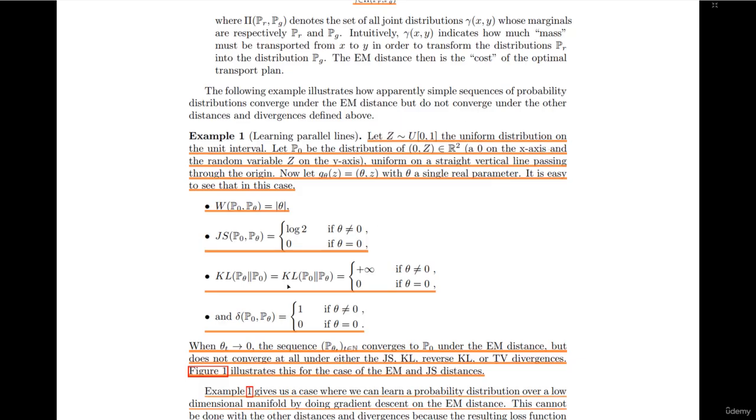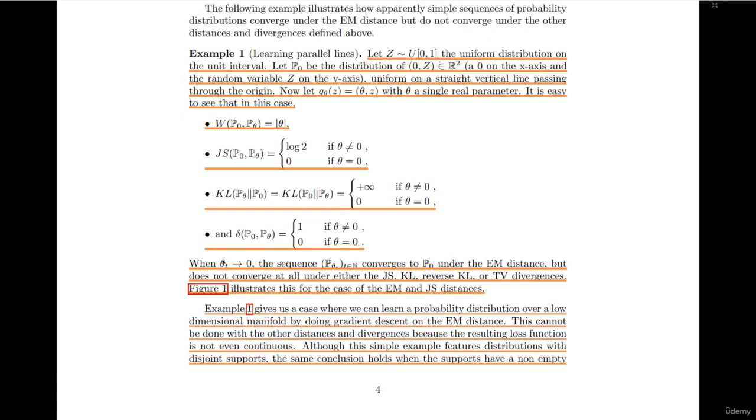Now in the paper, they calculated the EM distance, which gave the absolute value of theta; the JS divergence, which gave log 2 when theta is different from 0, and 0 when theta is equal to 0; the KL divergence, which gave positive infinity for theta different from 0, and 0 for theta equals 0; and then also the TV distance, which gave 1 for theta different from 0, and 0 for theta equals 0.